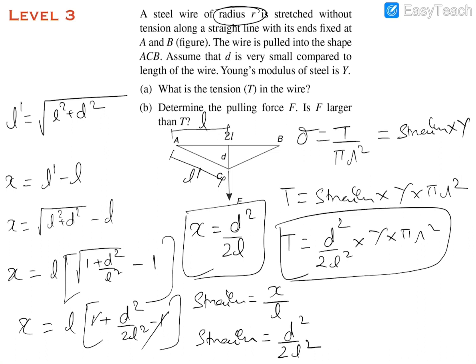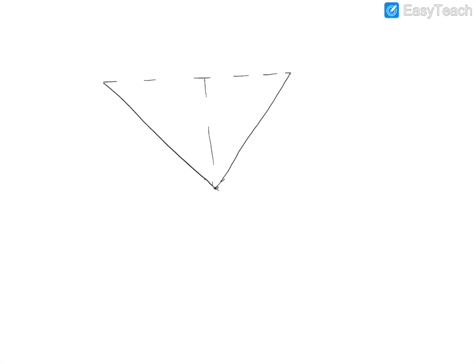Now in the second case, the B case, we have to find the value of the pulling force F. You can see that if we draw a diagram like that, this is the final position of the wire. So this is D and this is L and T would be acting like that, and let's suppose this angle is alpha and this is alpha.